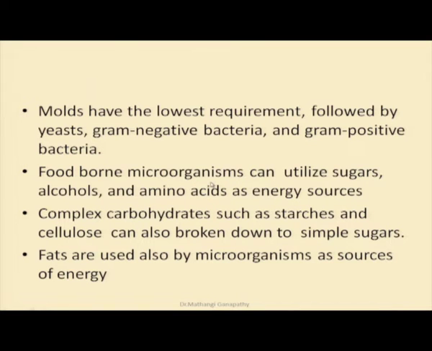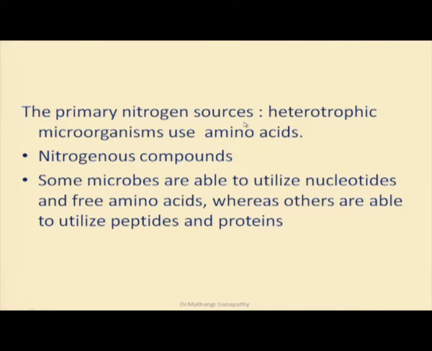So, irrespective of the source of energy, whether it is a sugar or a starch or an alcohol or a fatty acid or a fat, any of these can serve as an energy source for the microorganism. Nitrogen. The primary nitrogen source, in the case of a heterotrophic organism, is amino acids.